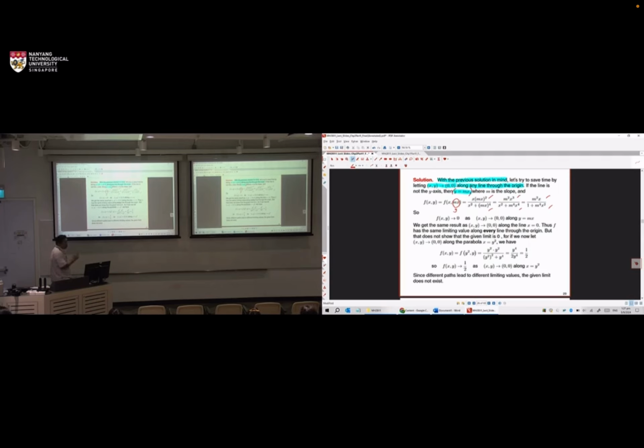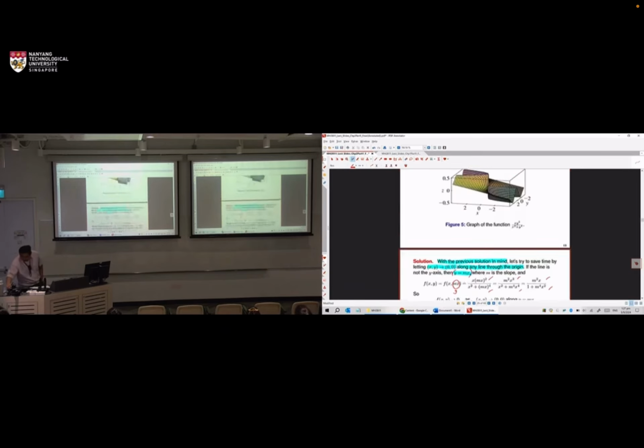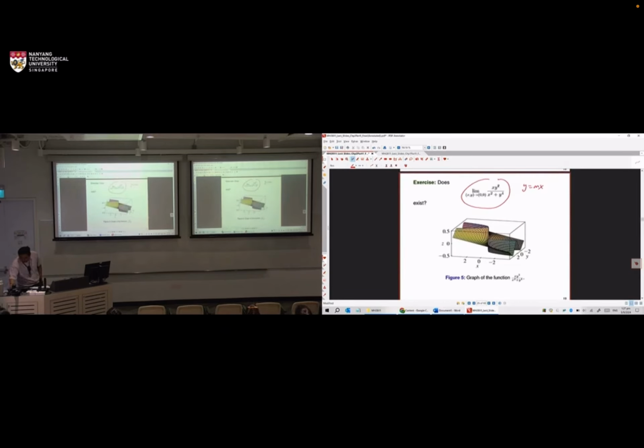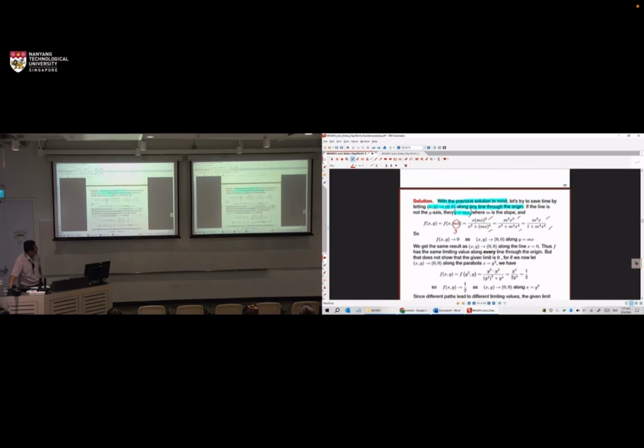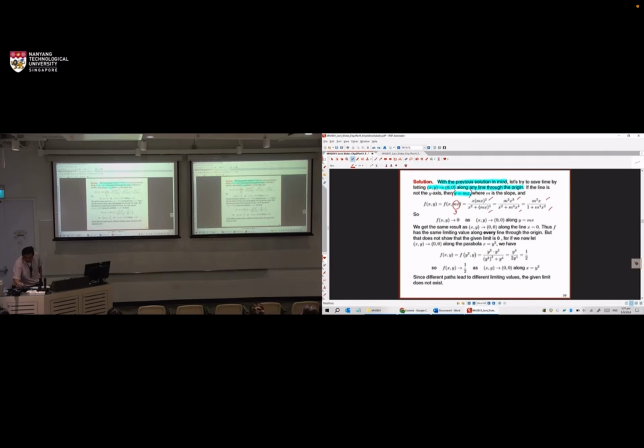Because in this question, you see that there is some square, it's not straightforward. So in this question, we deliberately let x equal to y squared.